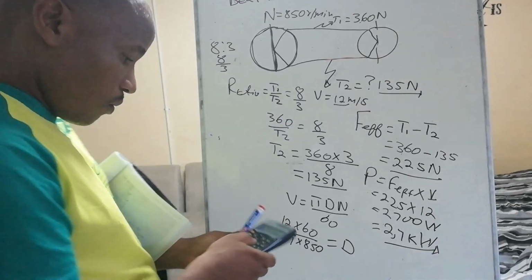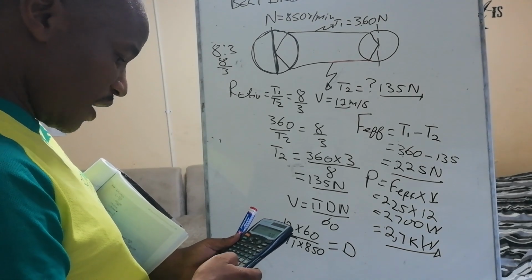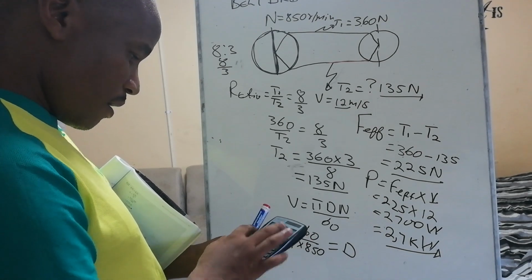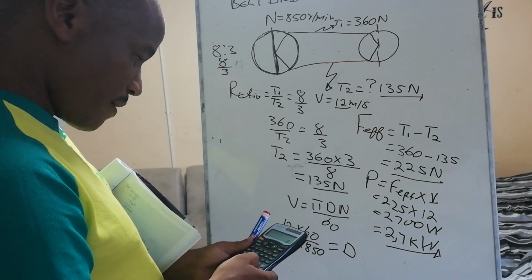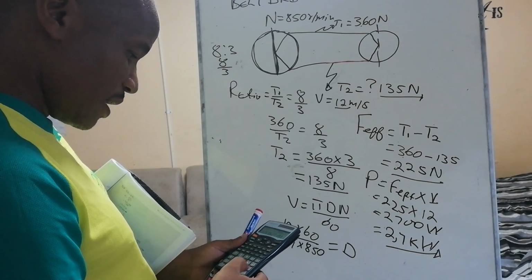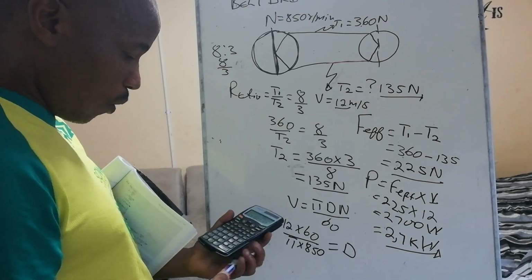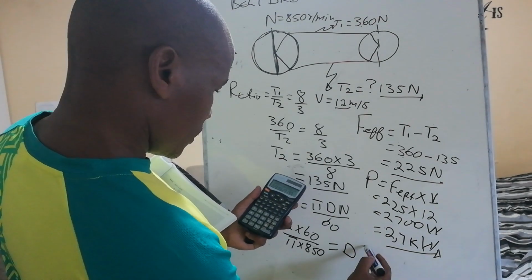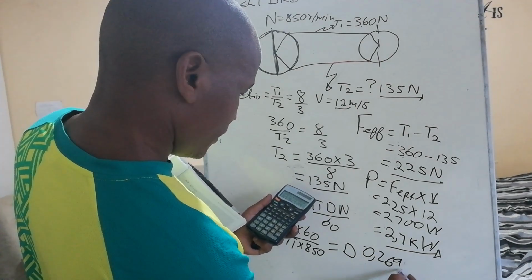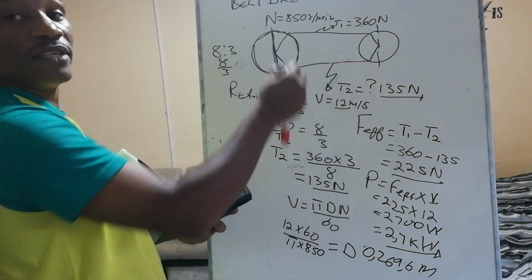Now, what is 12 multiplied by 60? It is 720 divided by open brackets, second function pi multiplied by 850, closing brackets, answer. This is 0.2696 meters, but remember, normally we use millimeters.